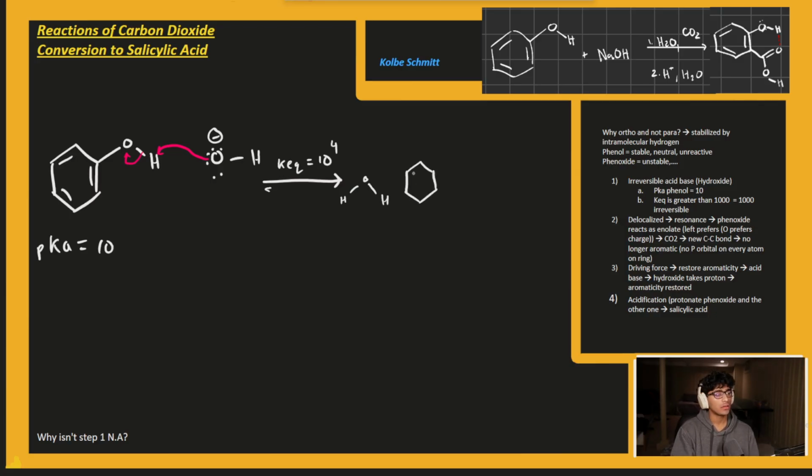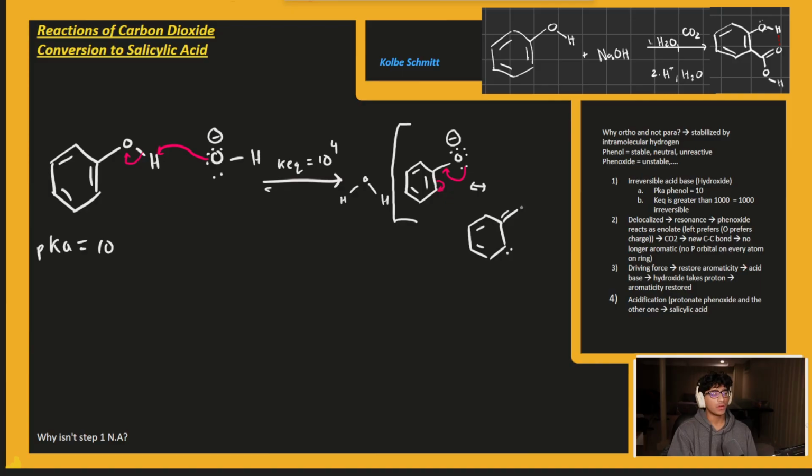So now we formed phenoxide. Phenoxide is the opposite of phenol. It's unstable, all that. So now what's going to happen is we can form resonance right here. So we can push electrons. We'll just put electrons right here, and this is going to go onto here. So this step right here is destroying the aromaticity.